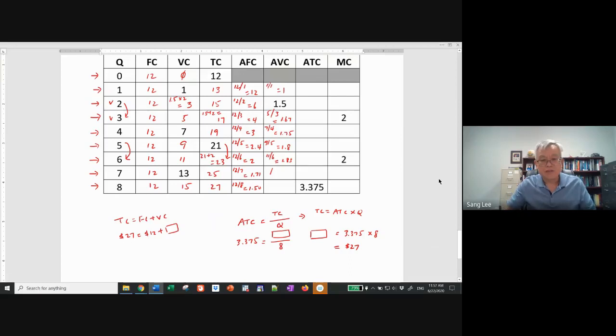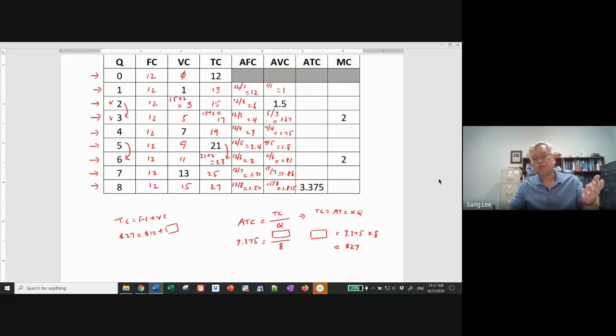Variable cost is 13. So 13 divided by quantity 7 is about $1.86. And finally, 15 divided by 8 is $1.875. Okay.